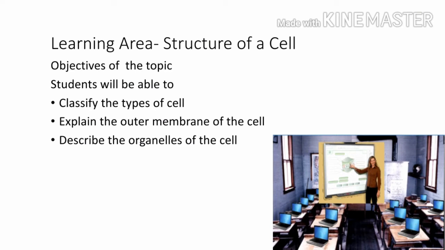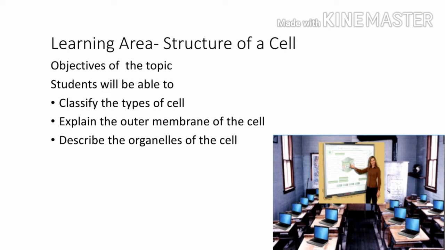Here I am choosing the learning area or the topic as the structure of the cell for assisting you with the preparation of the lesson plan. At the end of teaching, students should be able to classify the cell types, whether they are prokaryotic or eukaryotic.